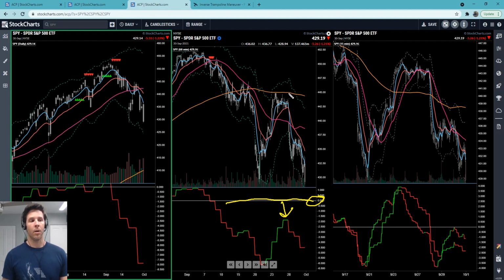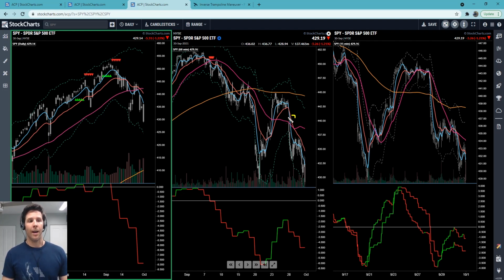And you can see here on the hourly chart that price is over the hourly 50, and the 50 is this magenta colored line right there. So price was over it and the Moxie indicator was below 0. Inverse trampoline move: price should not be up there if the indicator is below 0. I was guiding and telling all my subscribers in the newsletter that this doesn't look good and we should be looking for a pullback at some point.